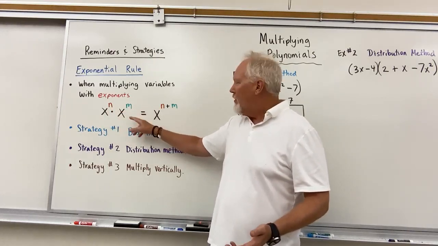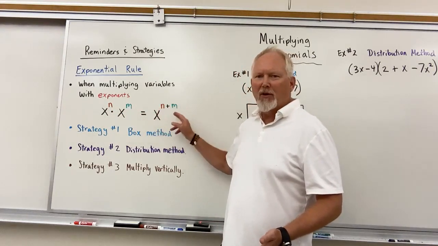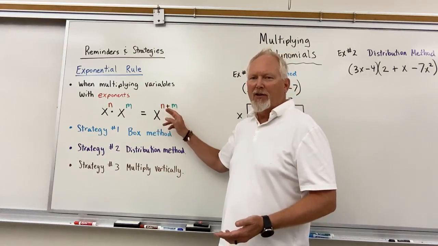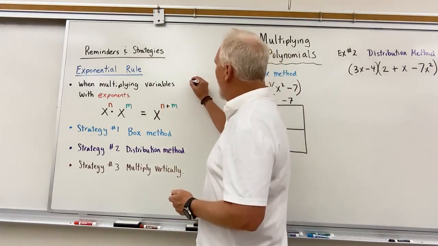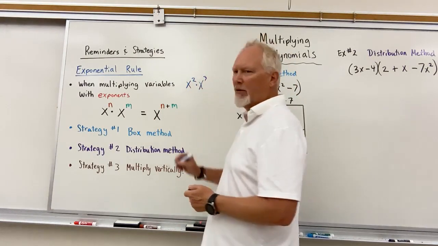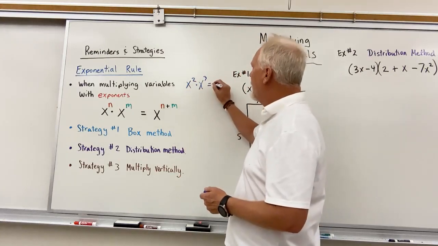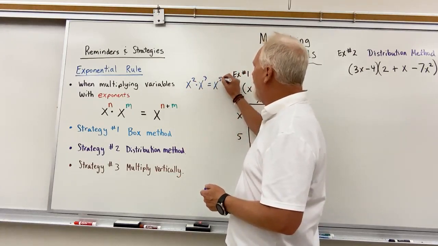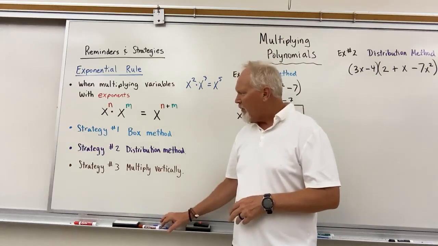In this situation, we are going to add the exponents. So we've got to remember that. As an example, if we have x squared times x cubed, we're going to add the exponents and we'll get x to the fifth power. So we've got to remember that.